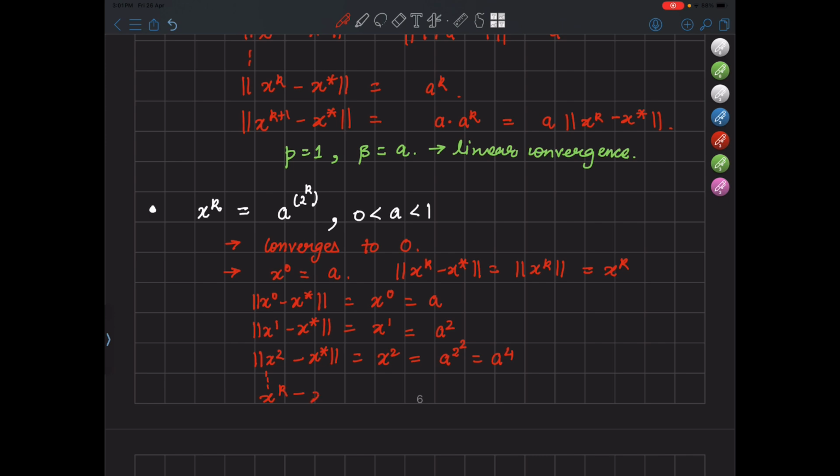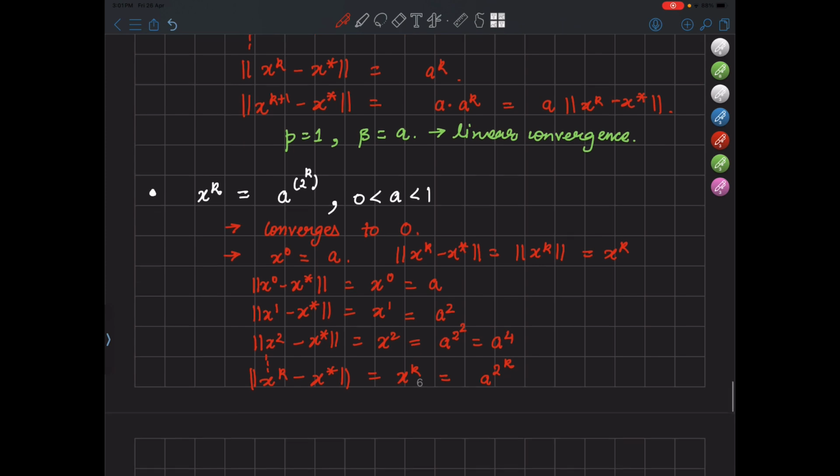xk minus x star is equal to what? xk, which means a to the power 2^k. And in the same series, what is xk plus 1 minus x star?